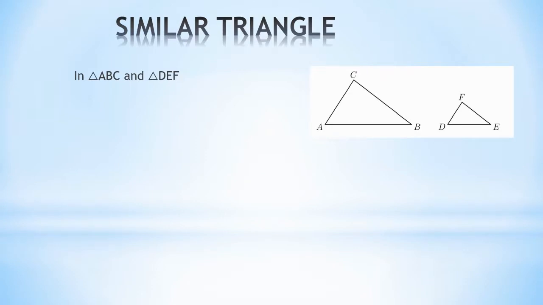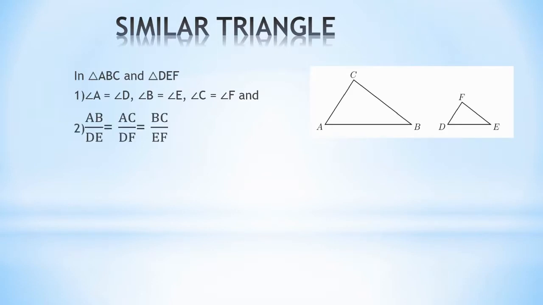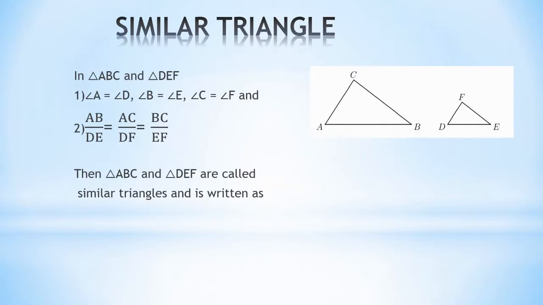So now in triangle ABC and triangle DEF, angle A is equal to angle D, angle B is equal to angle E, angle C is equal to angle F, and their sides are in proportion, which means AB upon DE is equal to AC upon DF is equal to BC upon EF. Then triangle ABC and triangle DEF are called similar triangles and are written as triangle ABC is similar to triangle DEF.